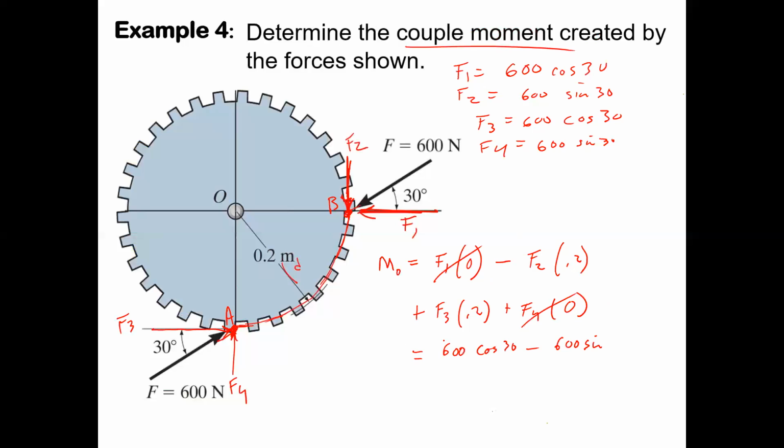Oh, we didn't do the 0.2. Yep, sorry, F3 times 0.2. Minus F2, 600 sine of 30 times 0.2 as well. That's the moment about point O.